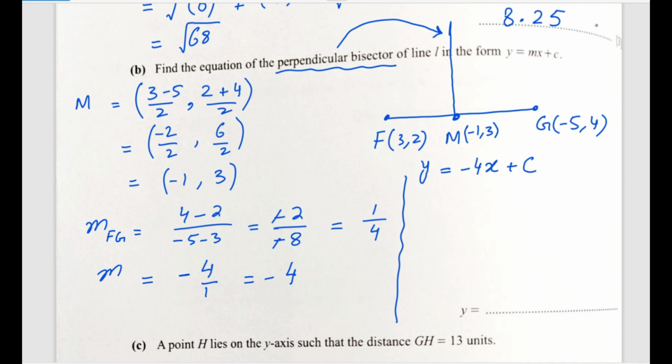So x is minus 1 and y is 3: 3 is equal to minus 4 times minus 1 plus c. 3 is equal to plus 4 plus c, and c will be equal to 3 minus 4, that is minus 1.